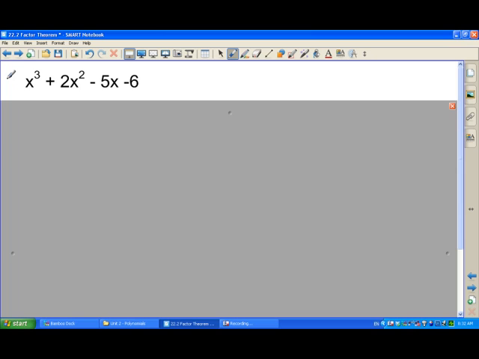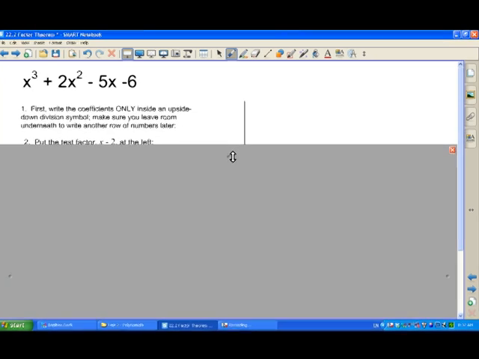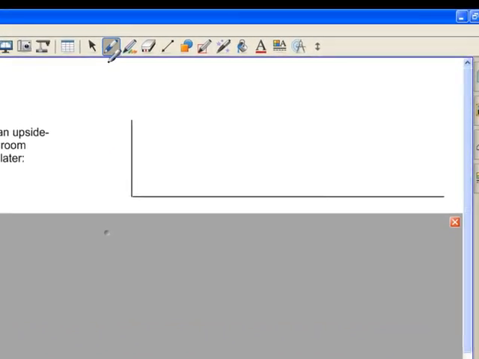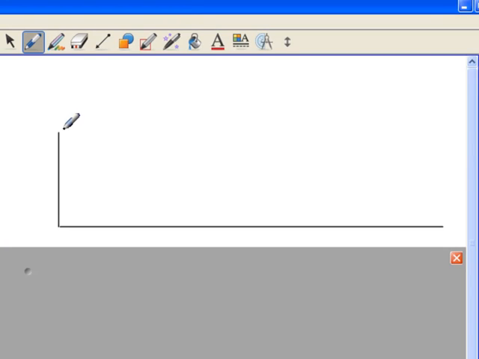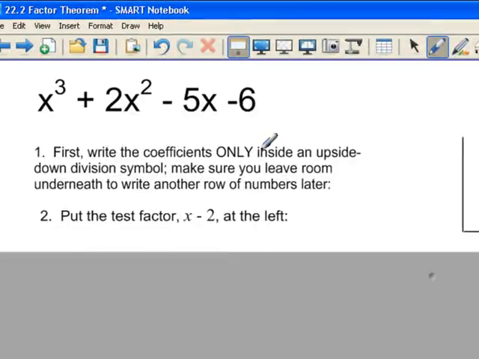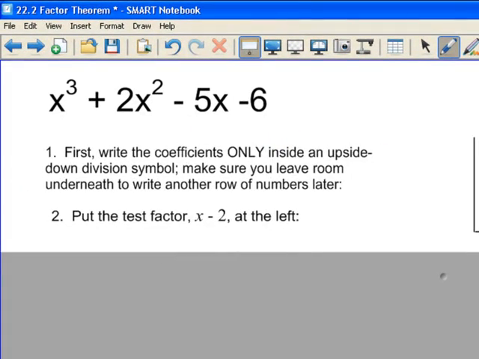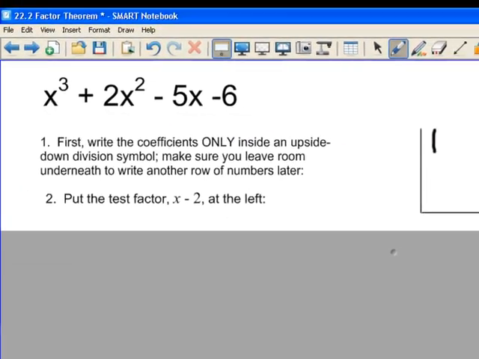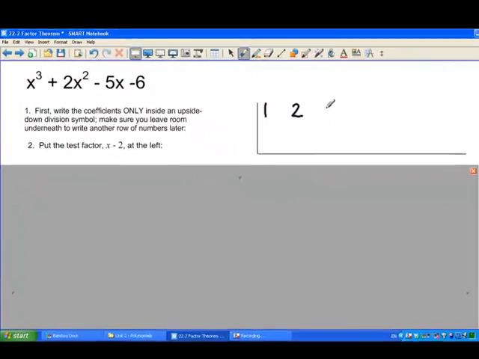So there's my original polynomial. To use synthetic division, I'm going to set up a little chart like this, and my first step is to write only the coefficients in the top line of this chart.